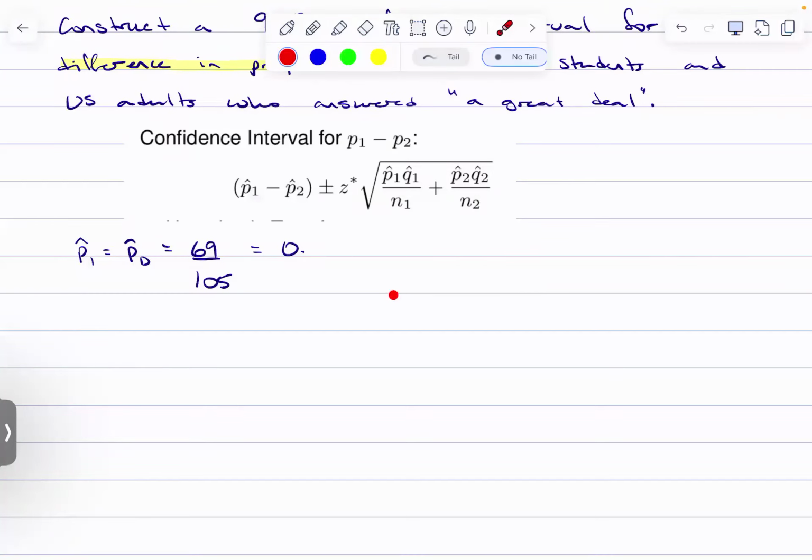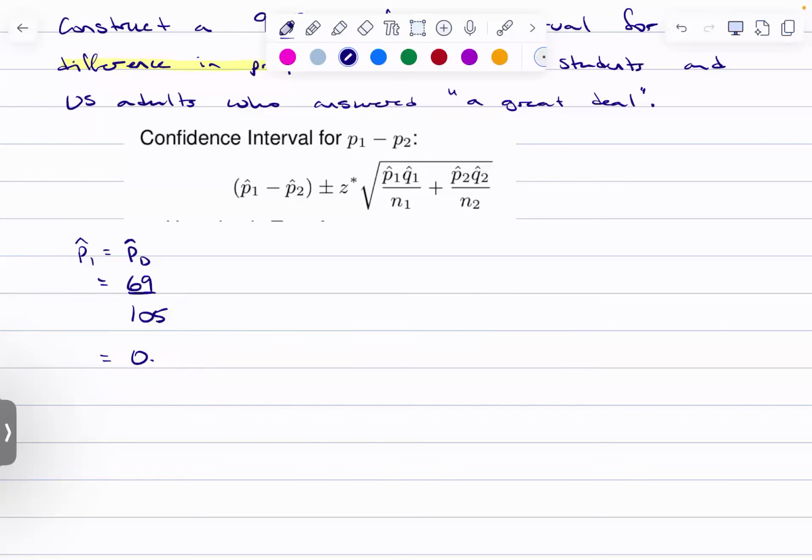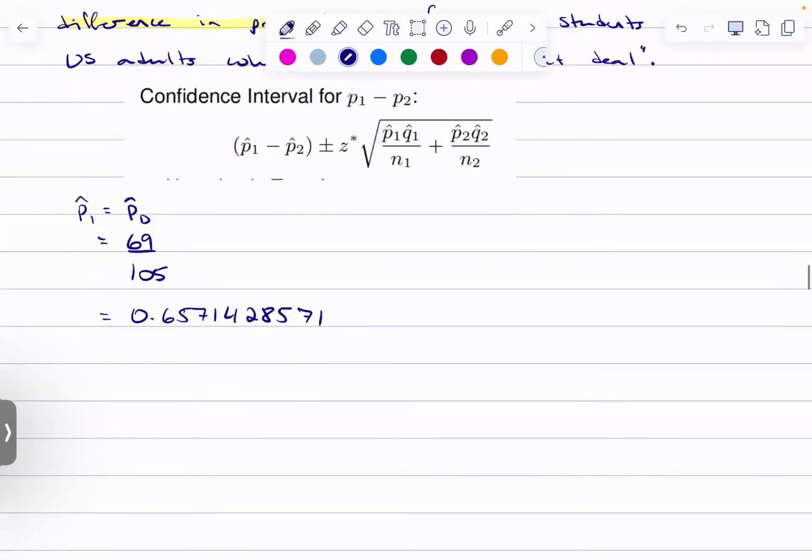Should be stacking our equal signs, but it would go so far down. I'll do them side by side instead. 0.65714285571.